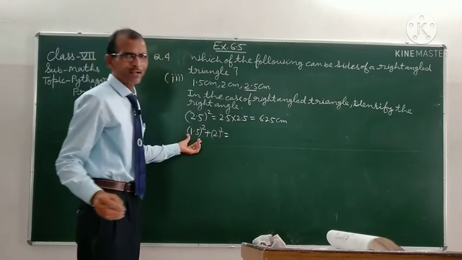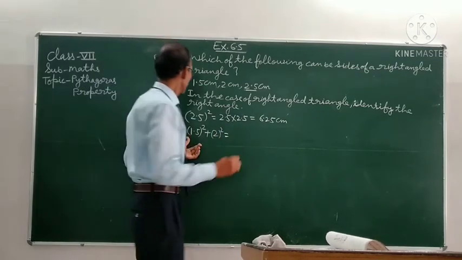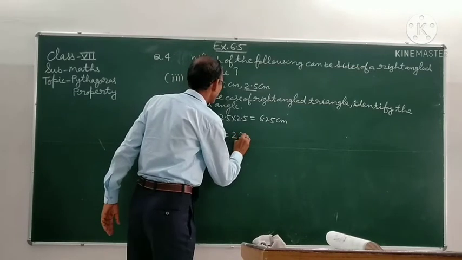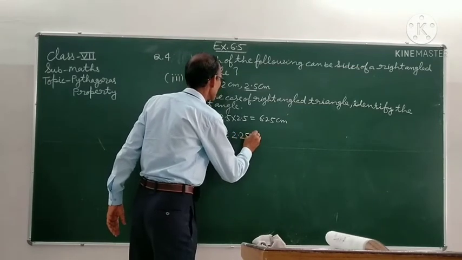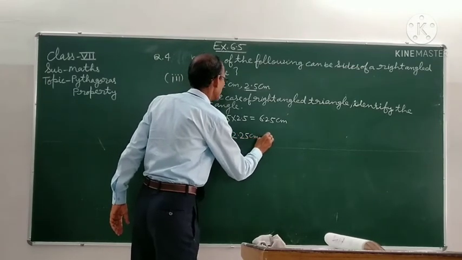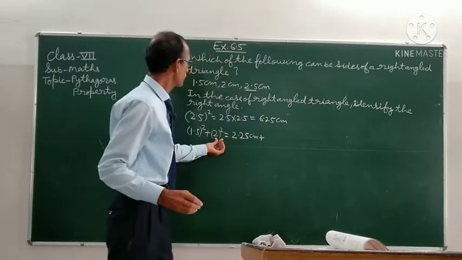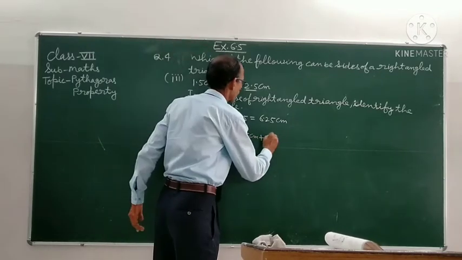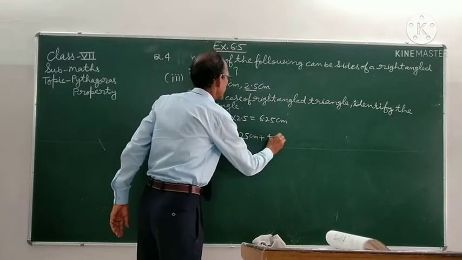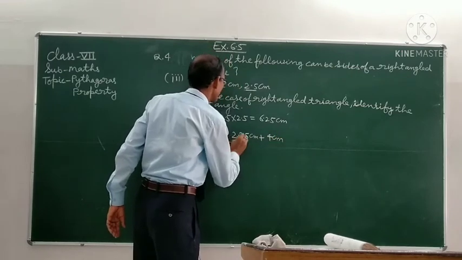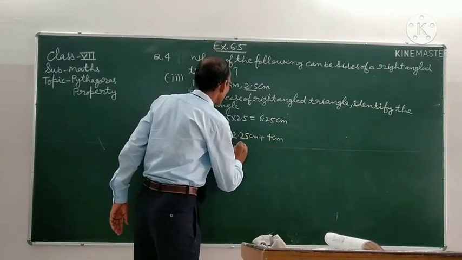Square of 1.5 will be 2.25 plus square of 2, 4. Adding these two we will get 6.25.